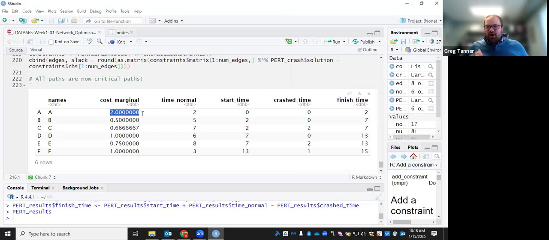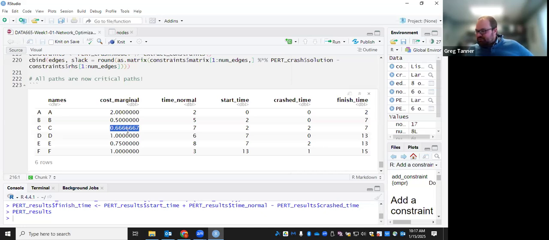We also only crash up to the point where there might be other critical paths. We didn't keep crashing C even though we didn't reach the max crash, because then we would have also added on the cost of crashing B if we wanted to get D and E started any earlier.